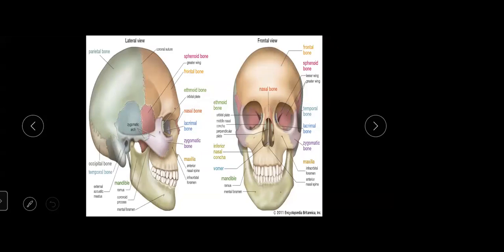Also, by its continuation with the part of the palatine bone, it forms the hard palate. The hard palate separates the oral cavity from the nasal cavity.